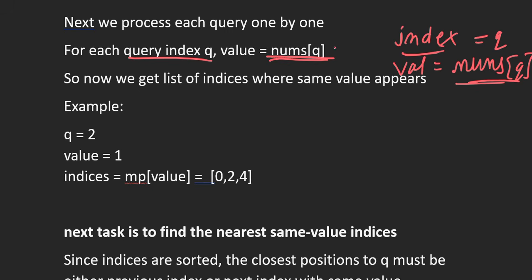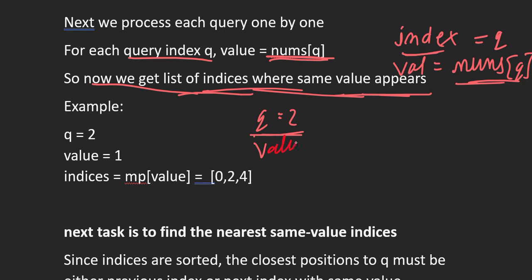So we get the value. Now we get the list of indexes where the same value appears. Suppose our example is q equal to 2, and at q equal to 2 our value is equal to 1. So we want all the indexes in the nums array where our value is equal to 1.